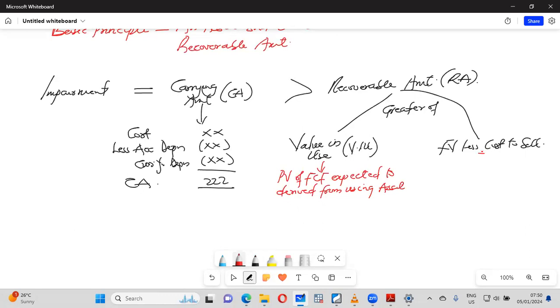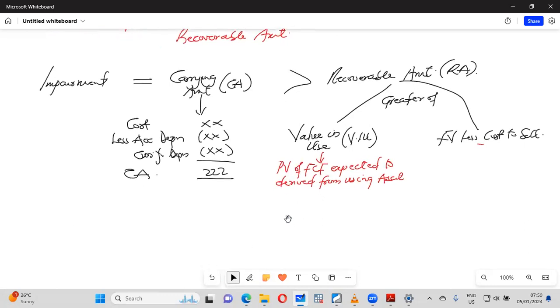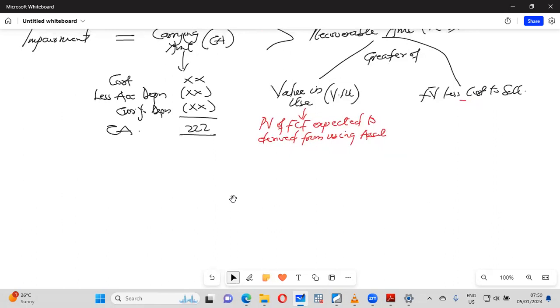So how much you get from using the asset is the value in use. What you should know is that it is the present value of the future cash flow. And please, let me give this important message because people tend to omit it.